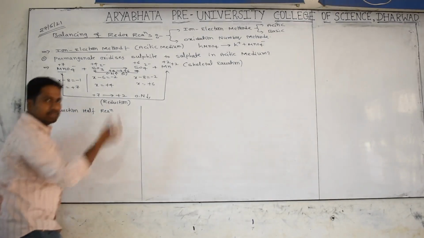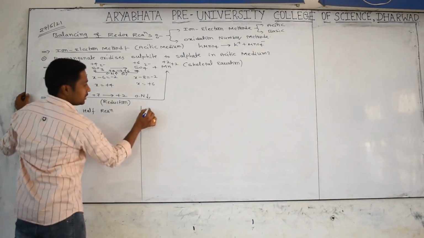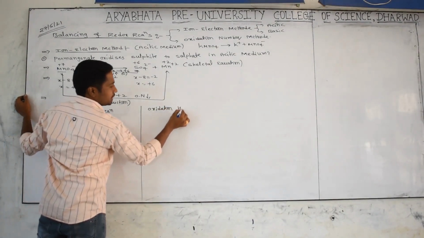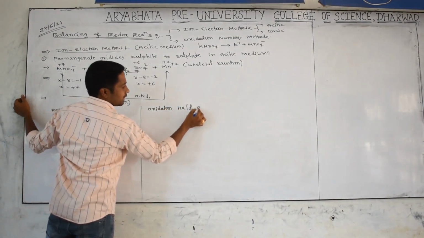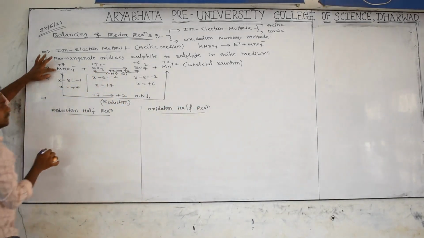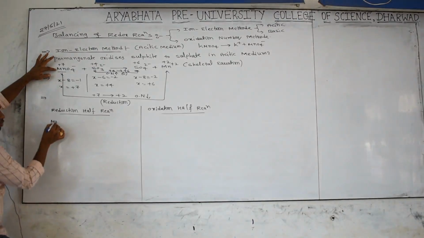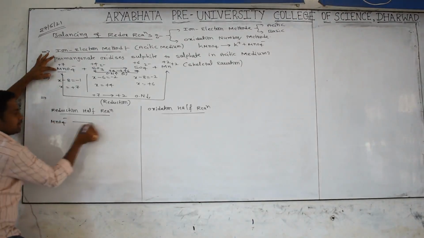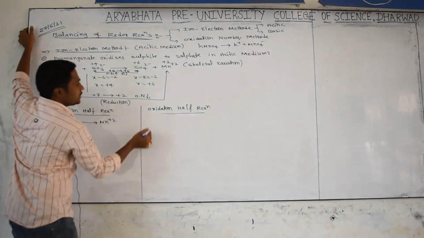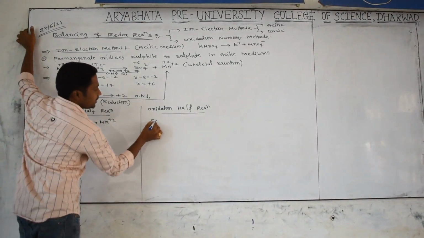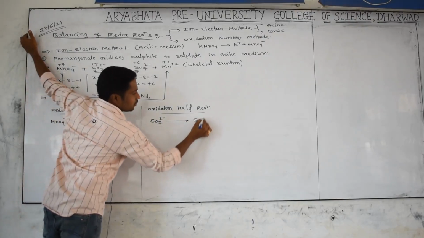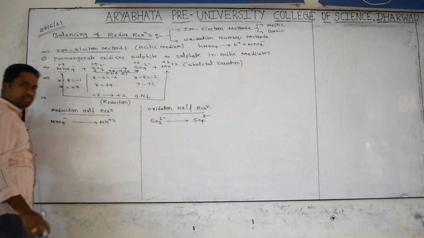Later we add them to get the final equation. The reduction half reaction is MnO4 minus converting into Mn 2 plus. The oxidation half reaction is SO3 2 minus converting into SO4 2 minus.